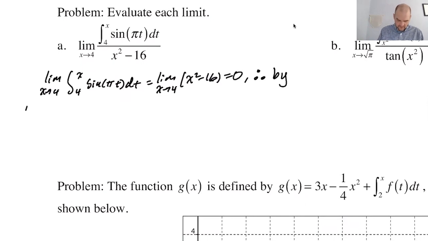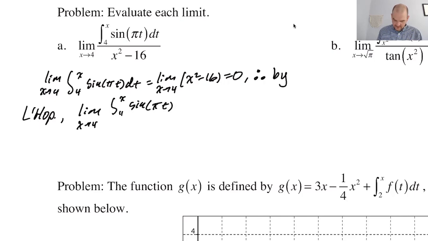by L'Hopital's rule, which I always abbreviate, the limit as x approaches 4 of the integral from 4 to x of sine of pi t dt over x squared minus 16 is equal to, now we actually use L'Hopital's rule. This is where your second fundamental theorem is coming in.